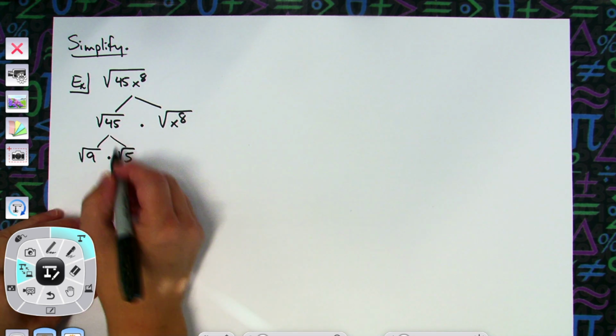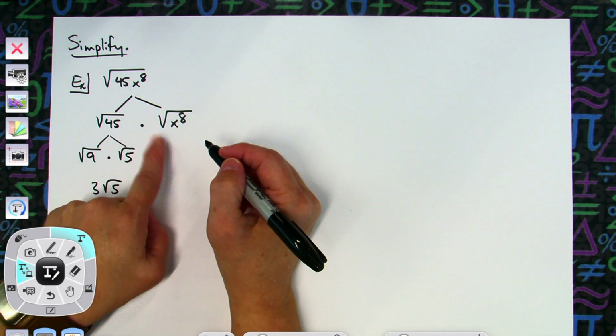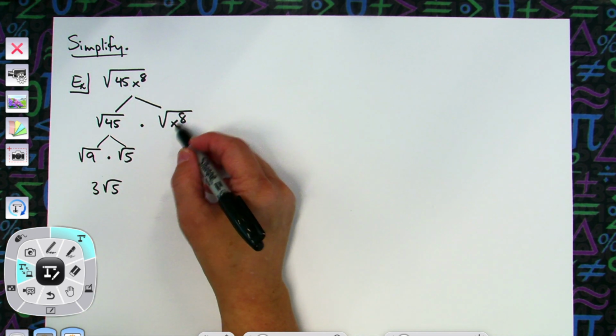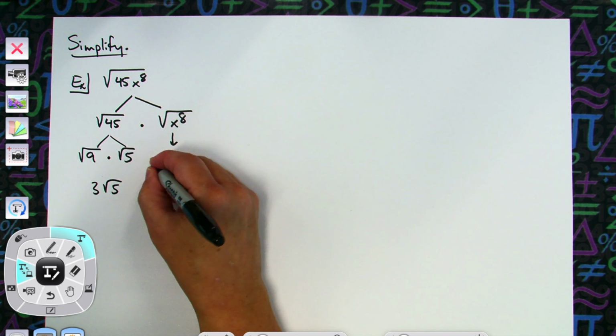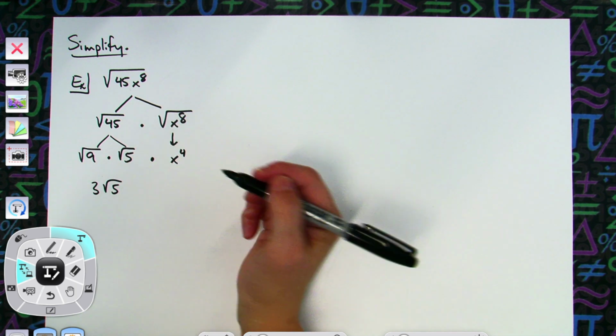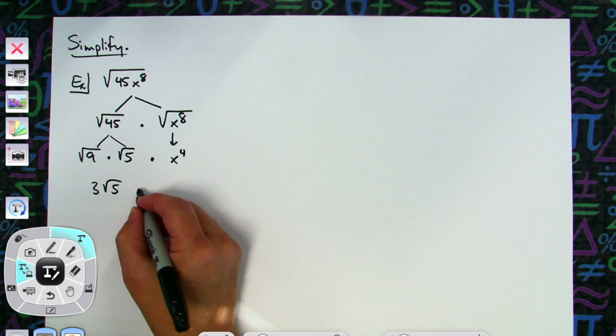So this part simplifies to a 3 square root of 5. Now focus over here. It's an even exponent. All even exponents are perfect square roots. So I can just immediately take the square root there. So x to the 4th, because when you take the square root, this radical bar goes away. So this is on the outside, this is on the outside.